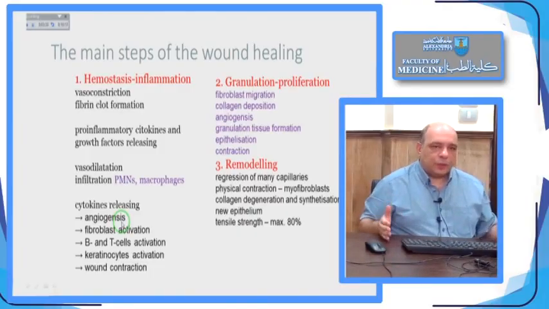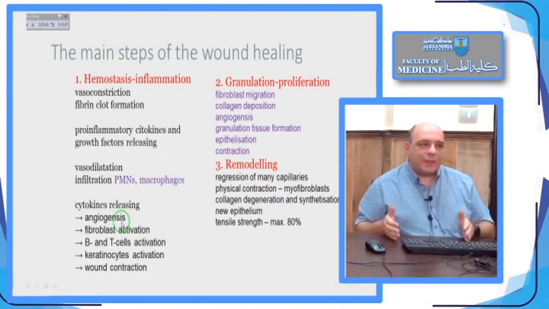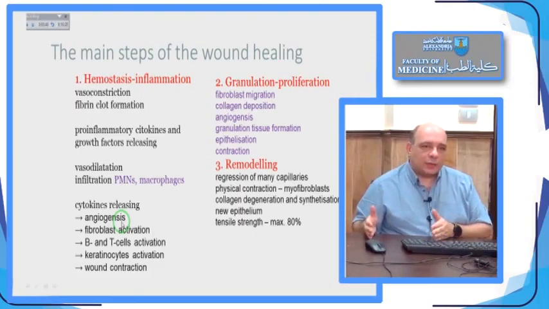First stage, you stop bleeding, you protect the body from any bacterial invasion. Afterward, you need to build this wall again. Afterward, you have to repair this wall, the skin, of course.